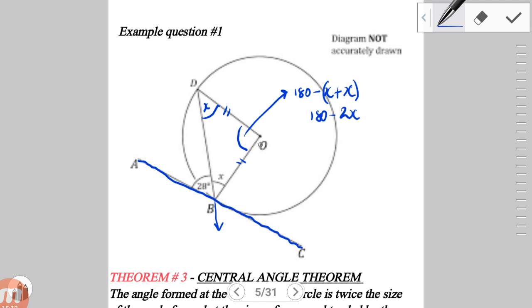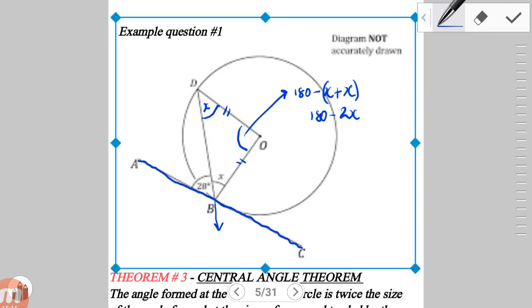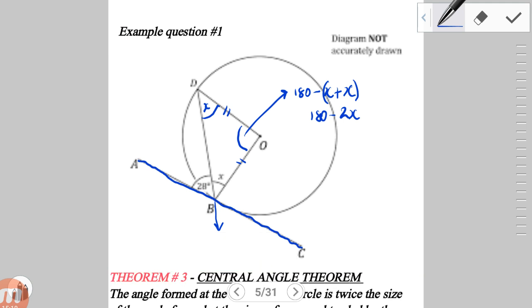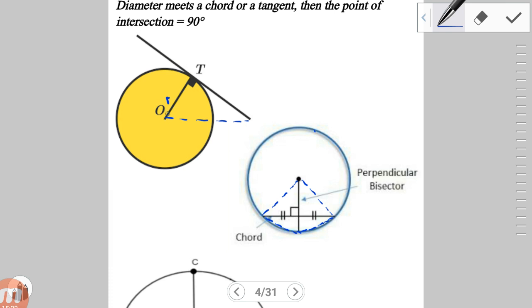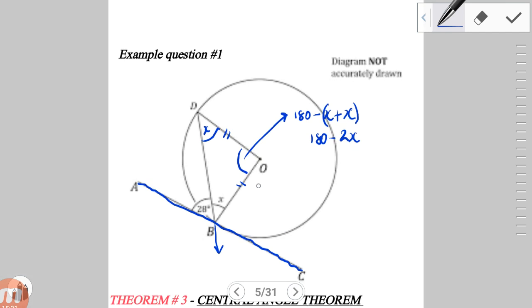We just explained it, that if a radius meets a tangent, and we can pull that screen up in a moment, all right? So here it is. If a radius meets a tangent, then the angle at the point of contact is 90 degrees. So it's the same sort of diagram. It's looking almost the same way. And so you can see here that the point of contact is 90 degrees.